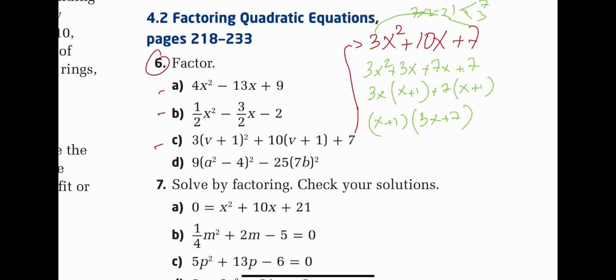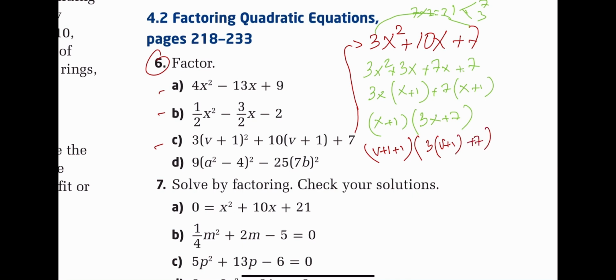Now because I got my factorization, I can go back to my original equation by replacing x with v plus 1. So my original equation will be v plus 1 plus 1 times 3 times v plus 1 plus 7.